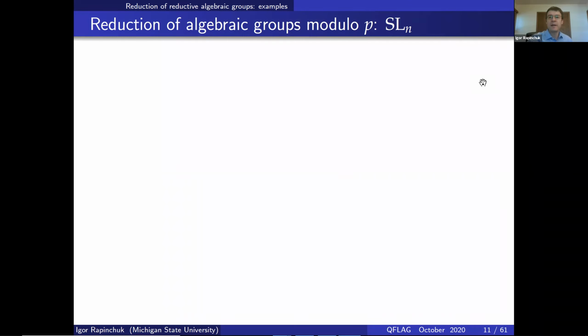And I should say that although the examples that I will consider involve algebraic groups over Q, just for the sake of being as concrete as possible, in fact, the general definition that I'll give in the next subsection works over any field equipped with a discrete valuation. So the restriction to Q is really not such a big deal.